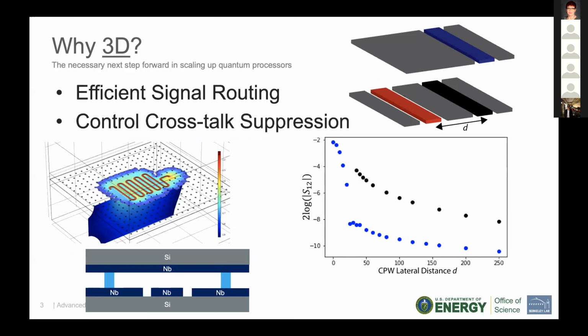appropriately designed microstructures to tailor the electromagnetic environment so that we can suppress the crosstalk levels between densely packed elements. On the left-hand side, we ran finite element simulations of a scenario where you have a meander resonator sitting on a silicon chip, and we put another silicon chip with one surface fully metallized on top of this chip.